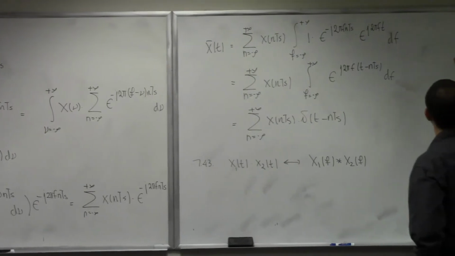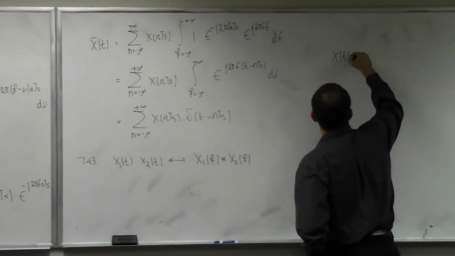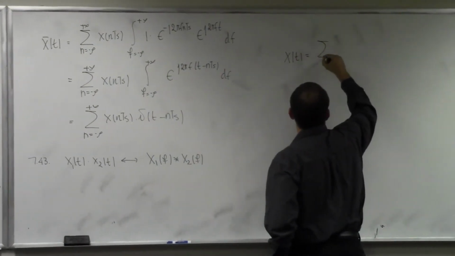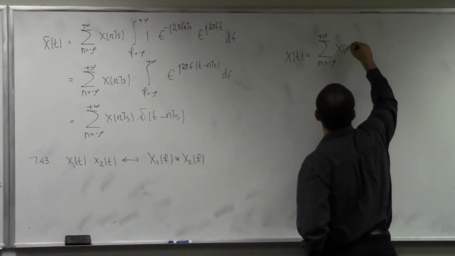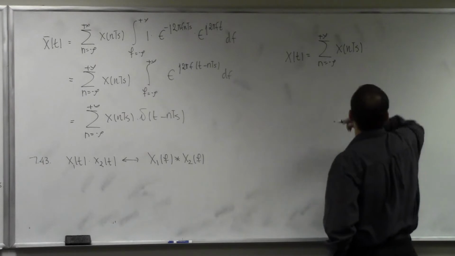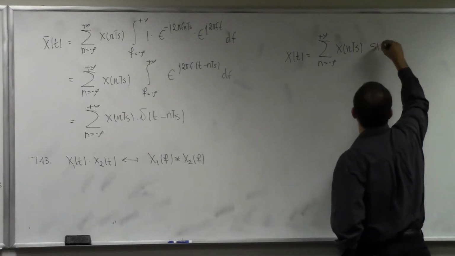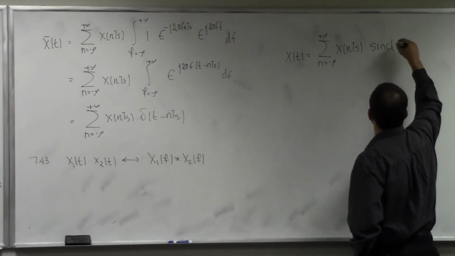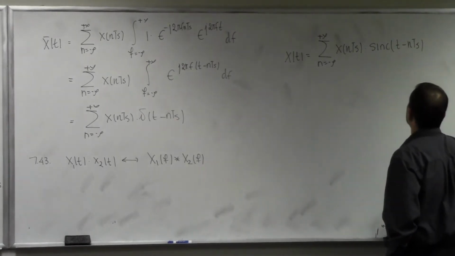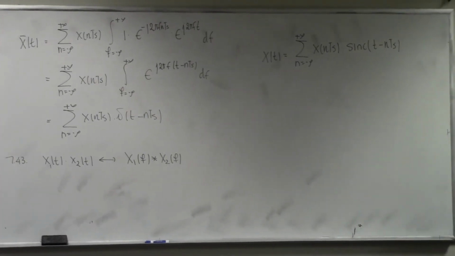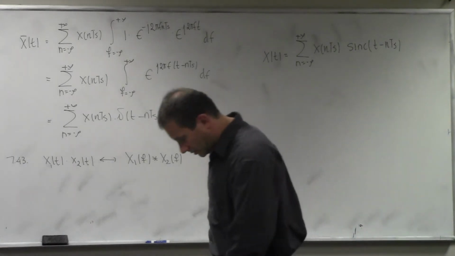We need to prove that x of t is equal to the sum, n goes from minus infinity to plus infinity, of x of nTs times sinc of t minus n. That's the statement of the theorem.